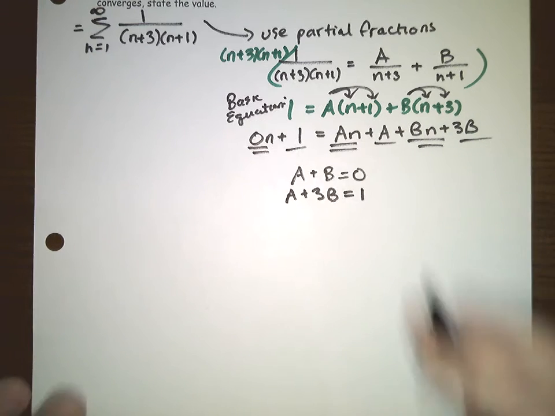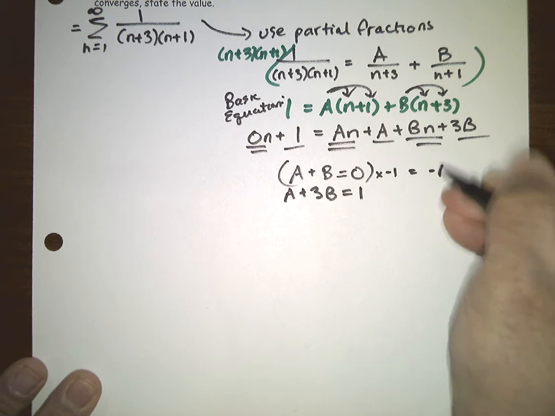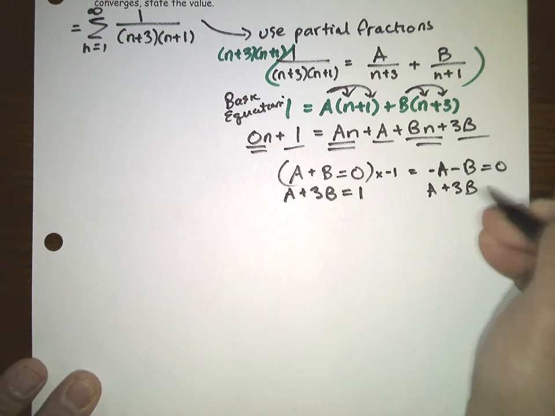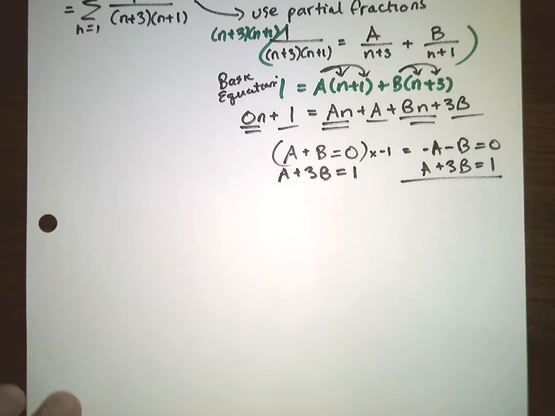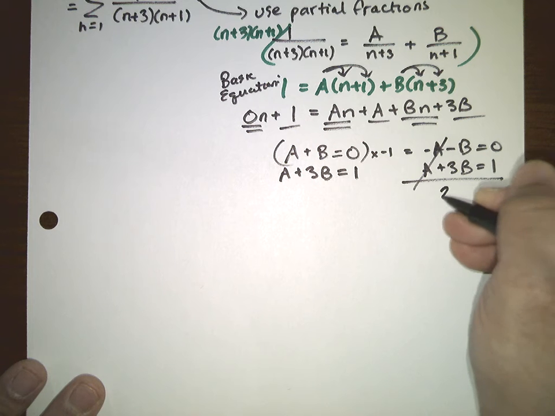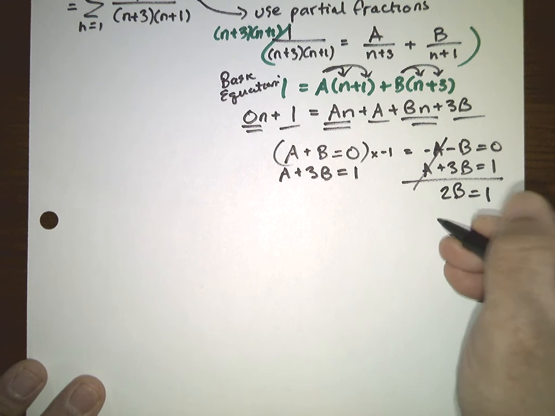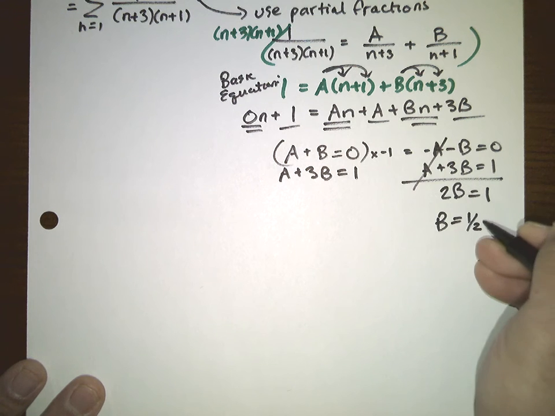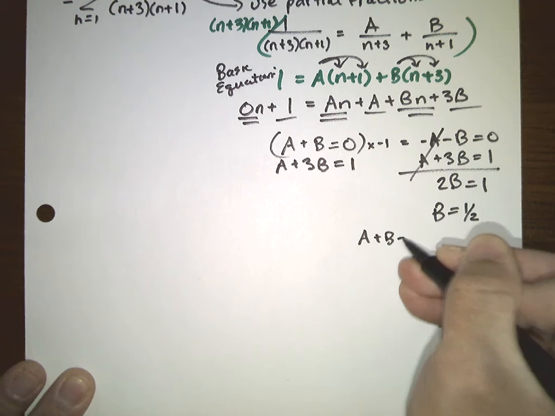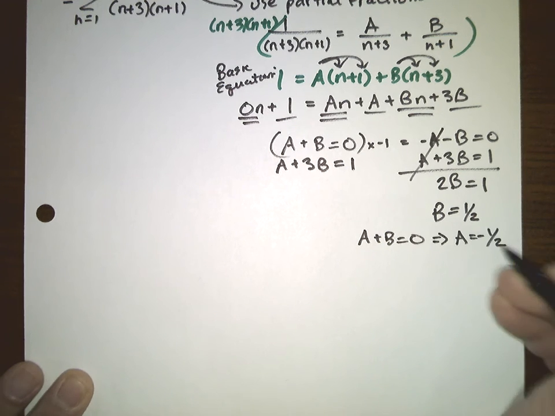Then I'll multiply the first equation by negative 1 to get negative A minus B is 0, and A plus 3B is 1. I'll add these together, so negative A plus A is 0, negative B plus 3B is 2B, 0 plus 1 is 1, divide by 2, so B is equal to a half. And then since A plus B is 0, we know that A must be negative a half.